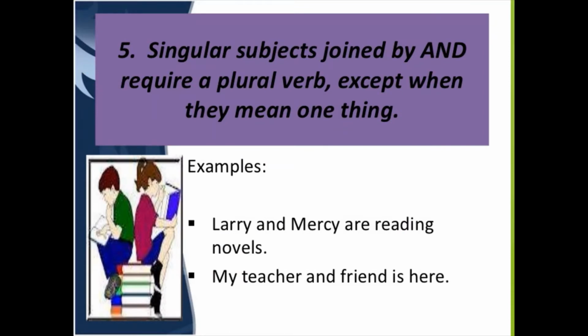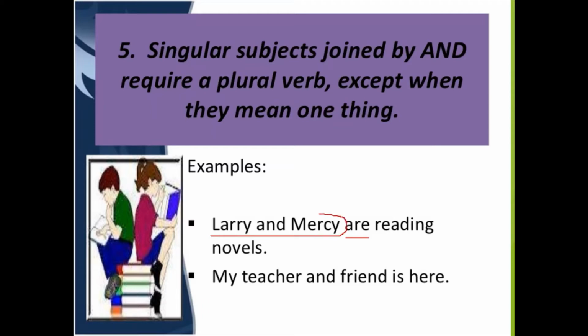Rule number 5. Singular subjects joined by and require a plural verb, except when they mean one thing. Examples: Larry and Mercy are reading novels. My teacher and friend is here. So in the first example, the verb used is are. Why are? Because the subject here is Larry and Mercy.